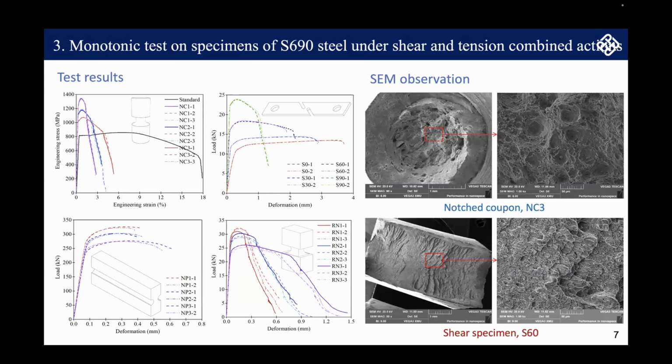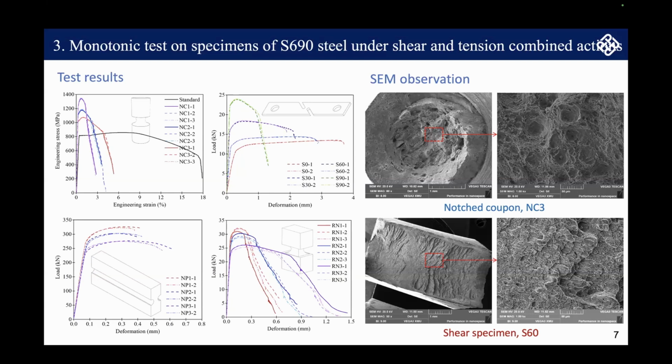Now we see the test results. These two figures are the load deformation curve, and the fracture surface of them observed under SEM. We can clearly see that when the specimen is under tension actions, the dimples are circular.